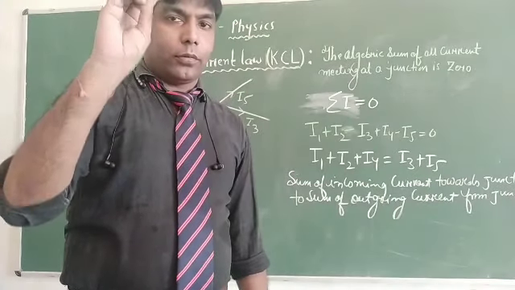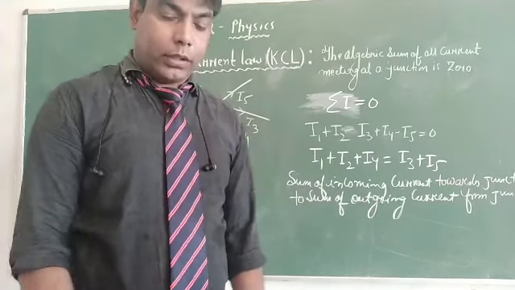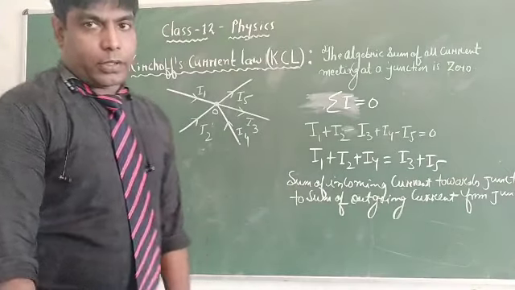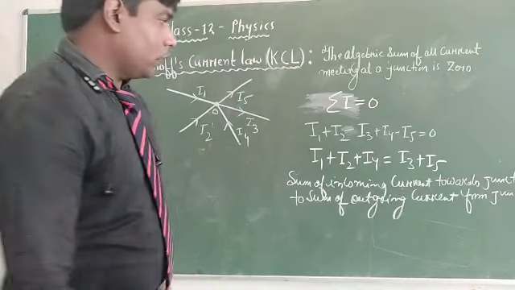You have to remember that the total current meeting at a point is equal to 0. That is, the sum of total current meeting at a point is 0. Right? Or you can remember that the sum of incoming current is equal to the sum of outgoing current at a junction. Right?